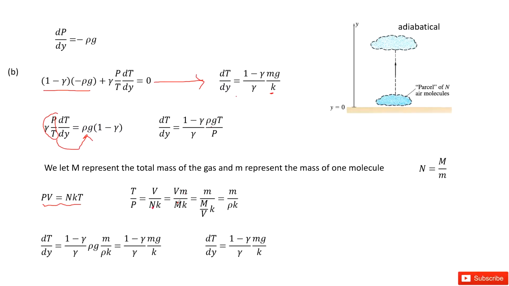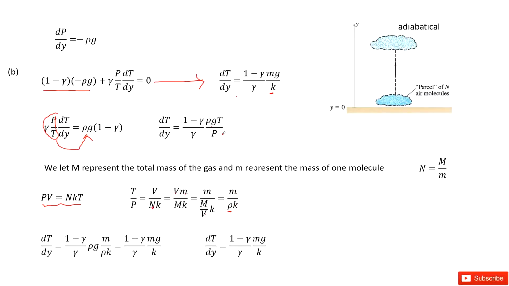This one. And then the V we don't know, so we divide the V at the upside and downside. Now, the mass over the total volume is called density, right? So in this way, you get T over P equal to M over rho k, right?